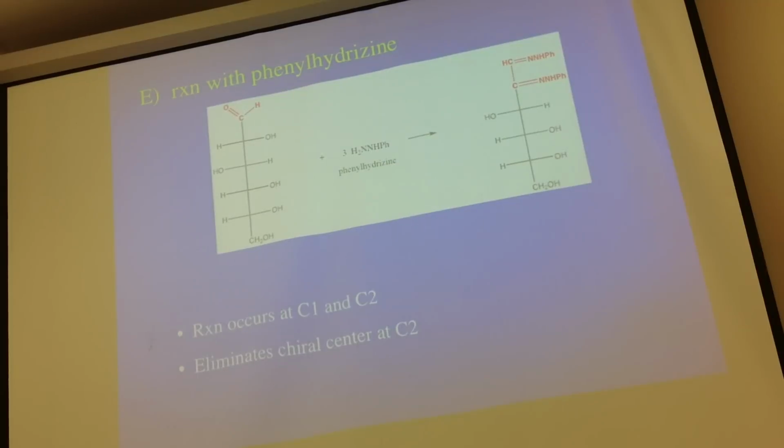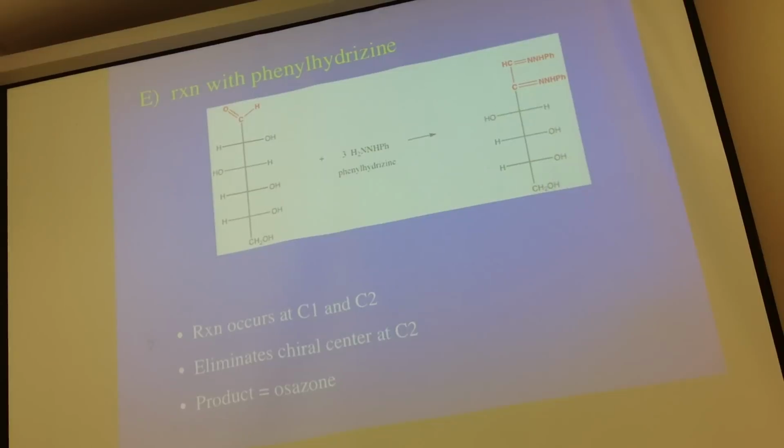Let me just spell it for you, it's not on the slide. It's called an osazone. And what that does is it eliminates the chiral center at carbon 2. So what we can do is compare the sugar that's left.